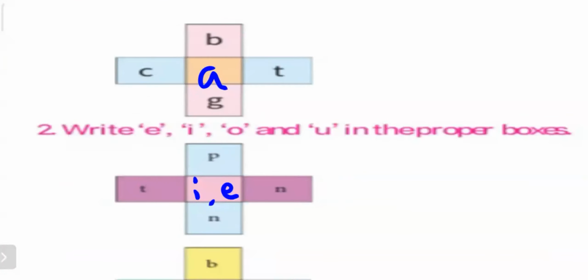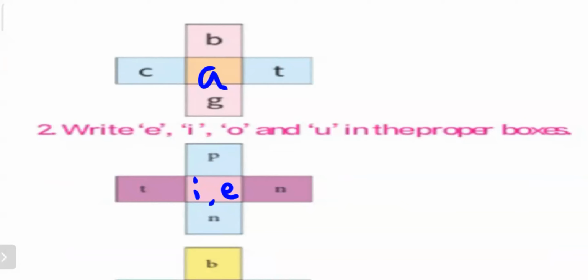Then down, write E, I, O, and U in the box. So here 4 boxes are given and 4 blank places are given. We have to add vowels in the blank places. In the first box, if we add the vowel I, the words formed are P-I-N, pin, T-I-N, tin.